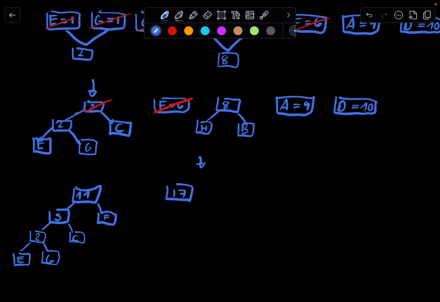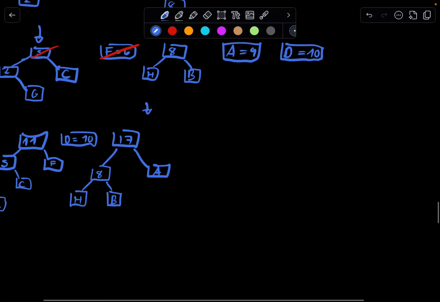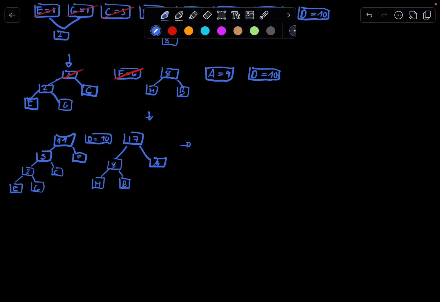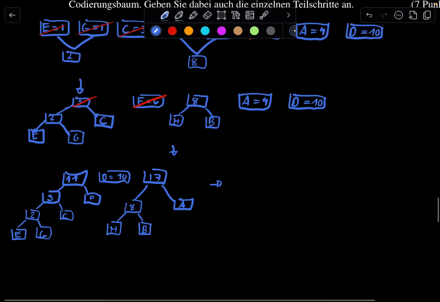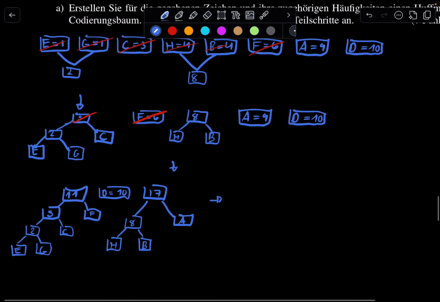And this is going to be 10. Well, AD is equal to 10 basically. So we can just have it there. 17, which is going to be 9. Oops, A, sorry. A, and then 8. H, B. Right? And then this will turn into, let me think, 17, okay, so 21.